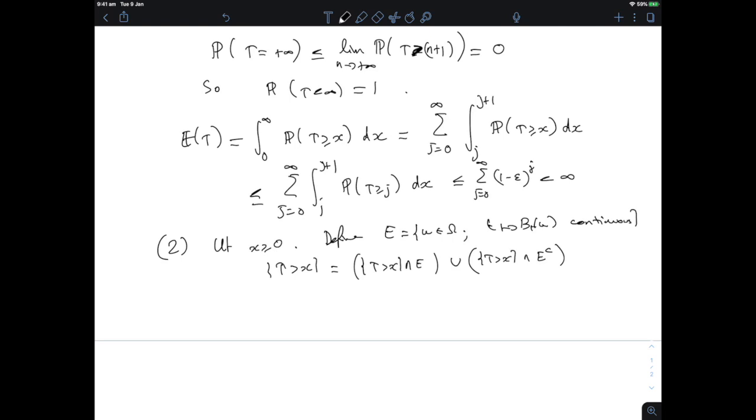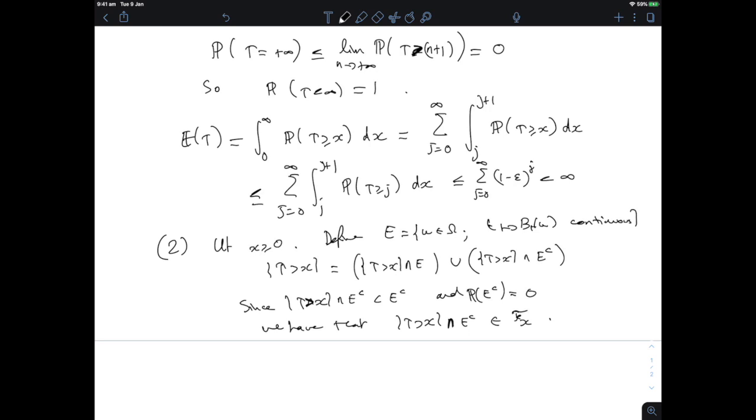But remember that the complement of A has probability 0, and by definition of the augmented filtration, the Brownian filtration, because this is included in EC and EC has probability 0, we have that on the set of trajectories that are potentially discontinuous, we are in Fx.